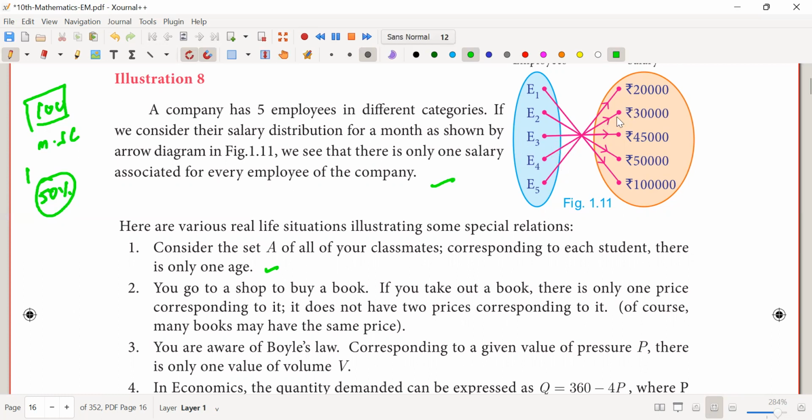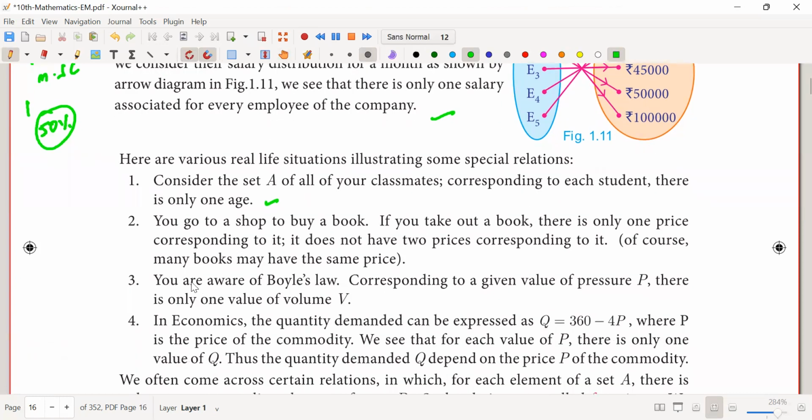This book also can be 100, this book also can be 100, but one book will not have 2 prices. So here too, only one should be associated with the other. All right. 1 to many or 1 to 1. You'd be coming across those things.